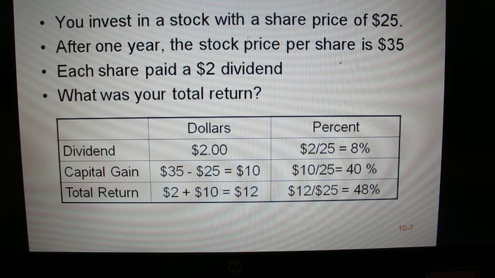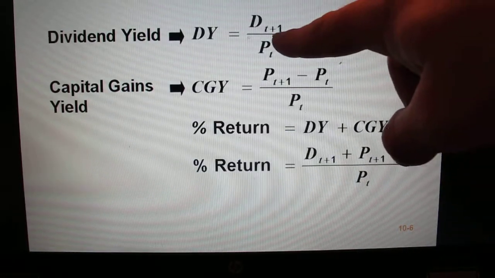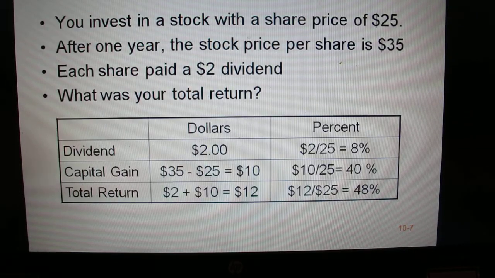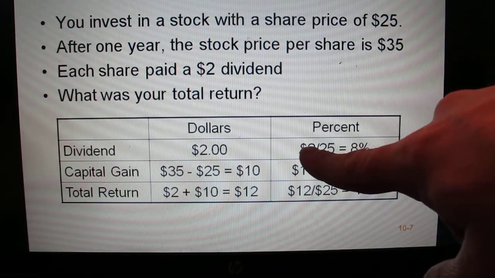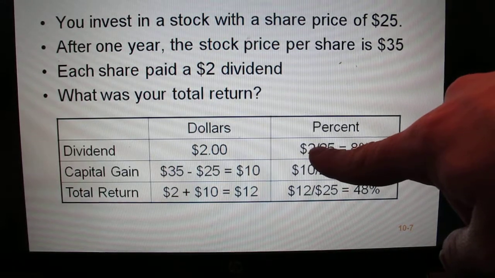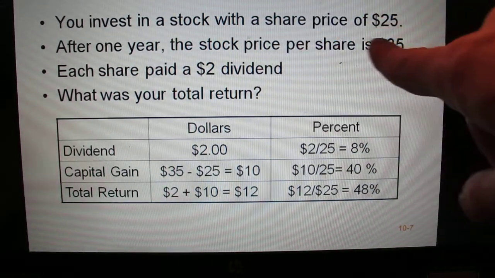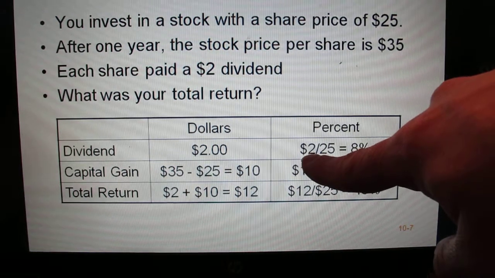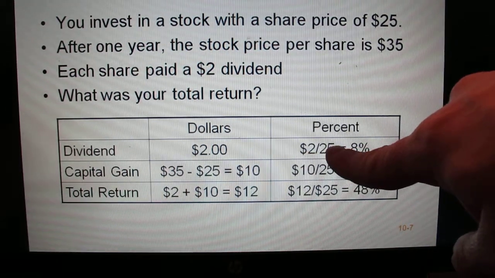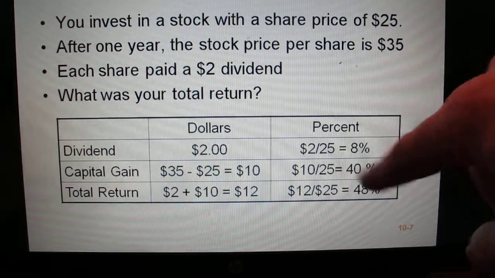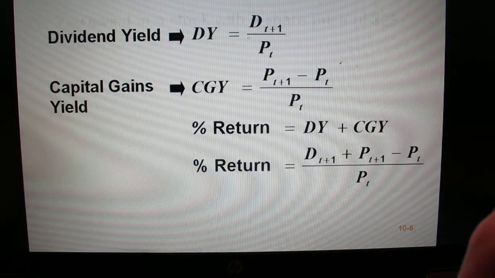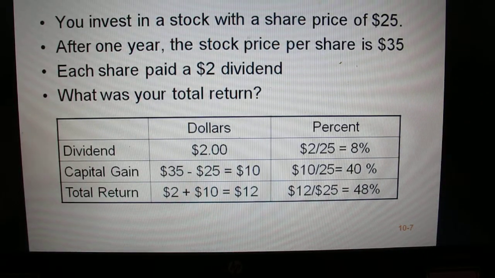If you recall that formula, the dividend yield was D(t+1) over P(t). So here we're looking at $2, which is your D(t+1), over your P(t), which is $25. So you'll get 8%.